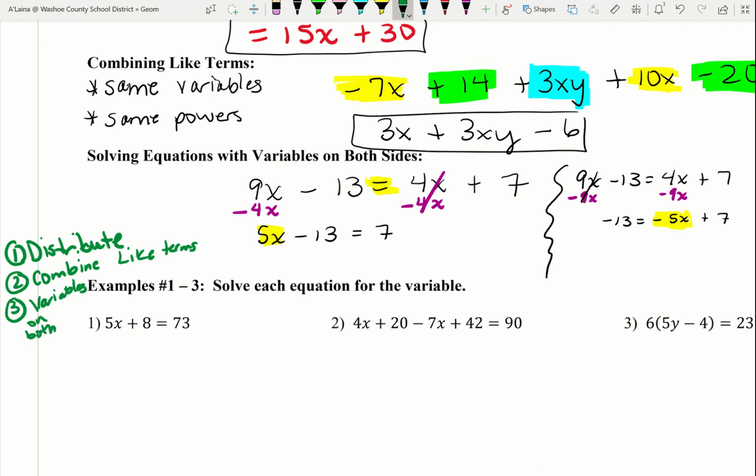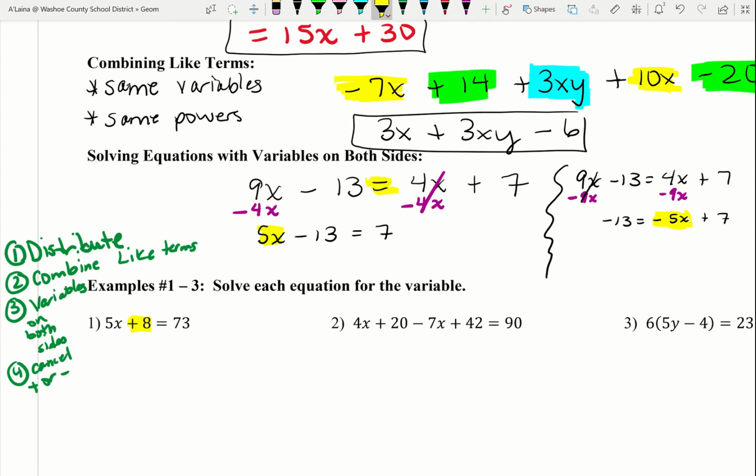So I'm going to move all the way to step 4, which is to cancel or eliminate any addition or subtraction. What I'm talking about with addition and subtraction is something being added to the variable. Right here I have this plus 8 being added to my 5x term, so I'm going to eliminate it.